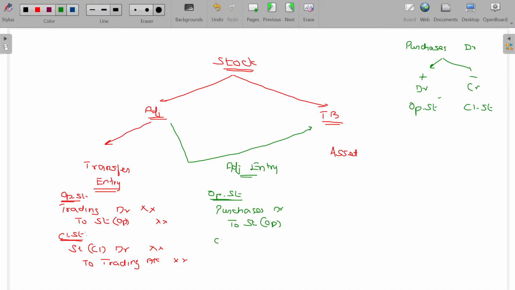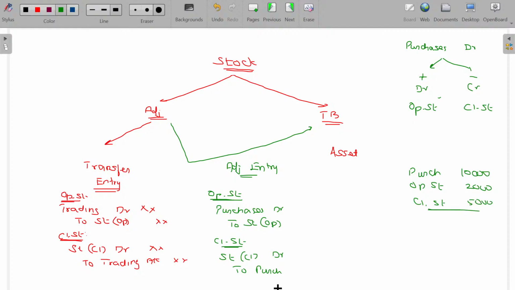And for closing stock, what is the journal entry? Stock closing, and it should reduce the purchases. To understand a small logic, I will give you an example here. Purchases 10,000. We have opening stock 2,000, and we have closing stock 5,000.